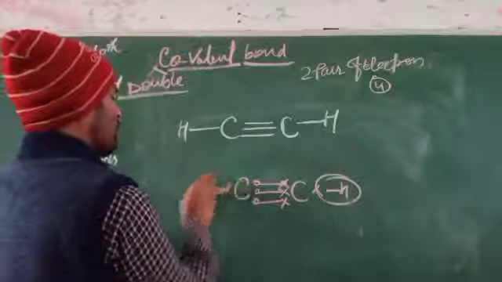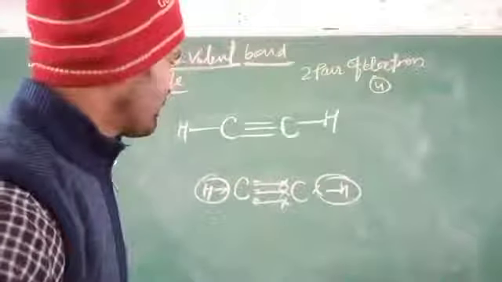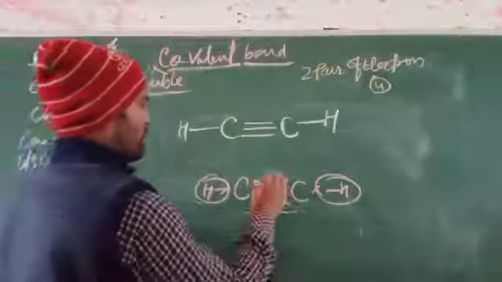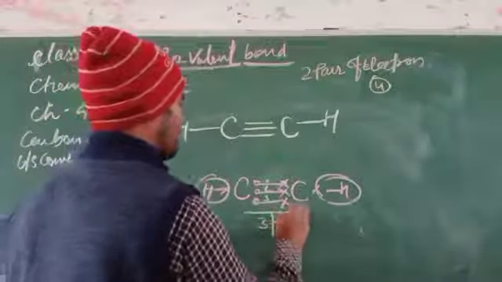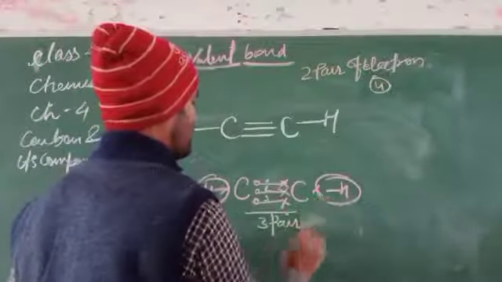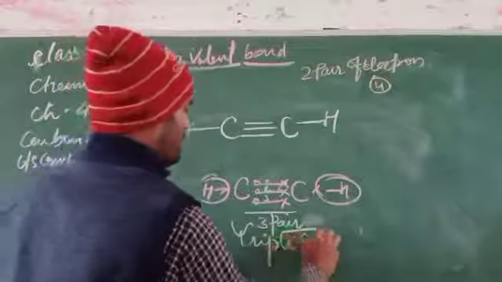Here is one shared by hydrogen. How many pairs are there? Here are 3 pairs of electrons, 1, 2, 3. 3 pairs of electrons. So that one is called a triple covalent bond.